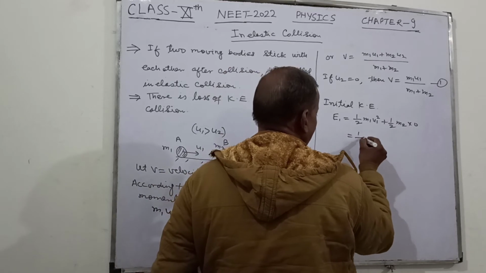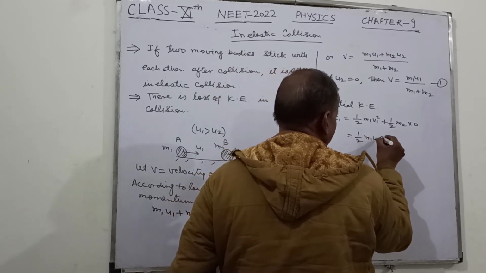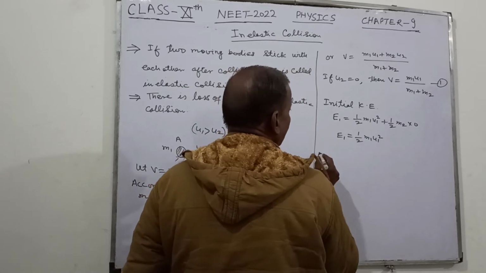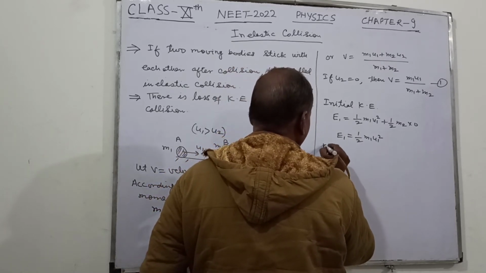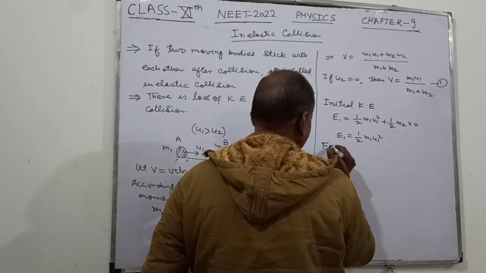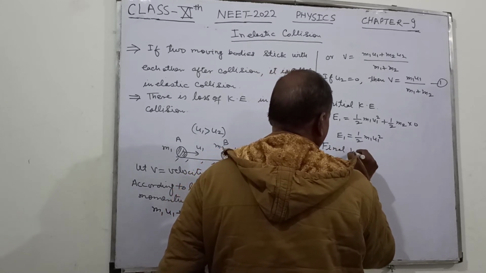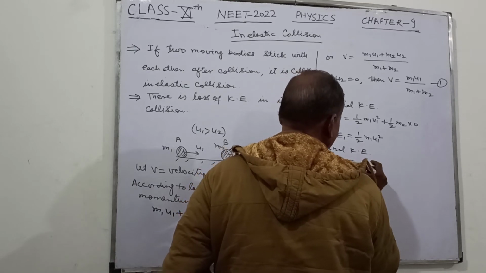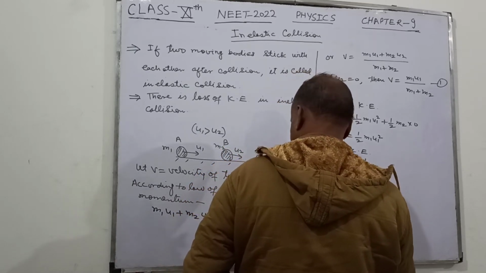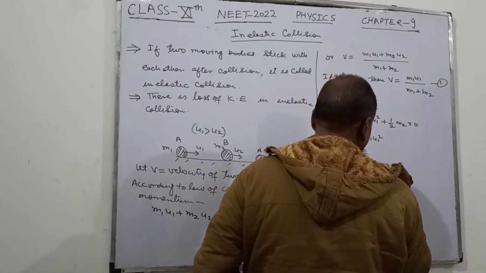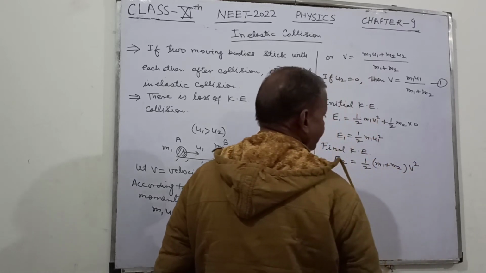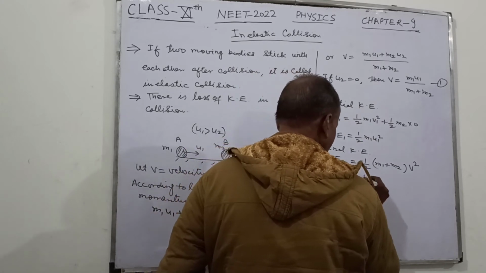So this is equal to half m1 u1 square. This is E1, and the final kinetic energy E2 is equal to half m1 plus m2 into v square.